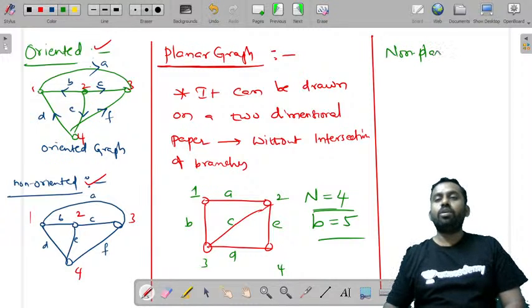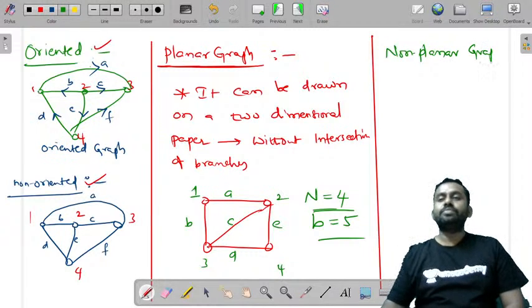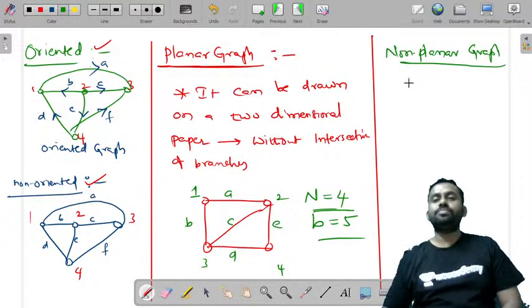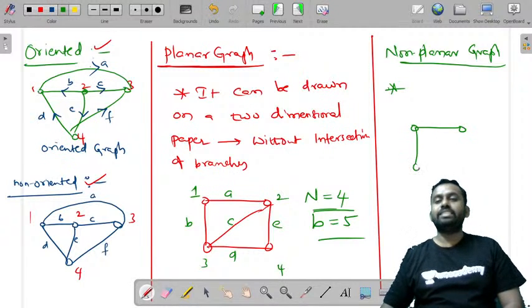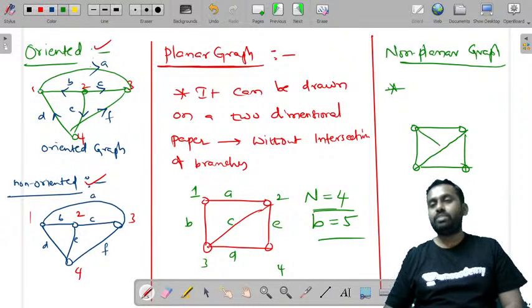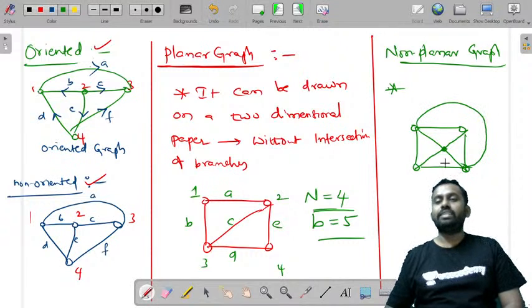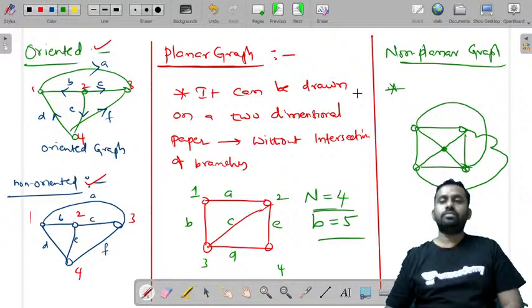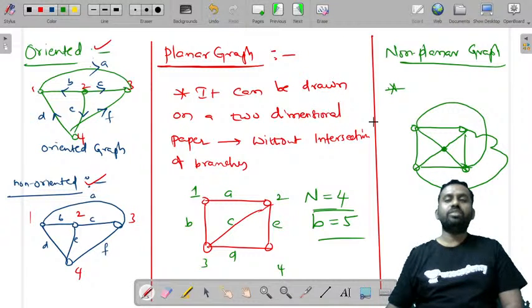What is a non-planar graph then? A graph which has intersections. Let us say you take this, and you also have something like this, and something like this is an intersection, right? Now you cannot draw it without any intersection.